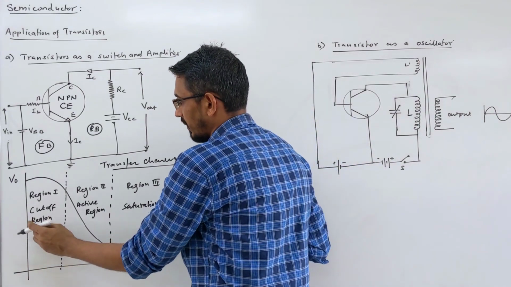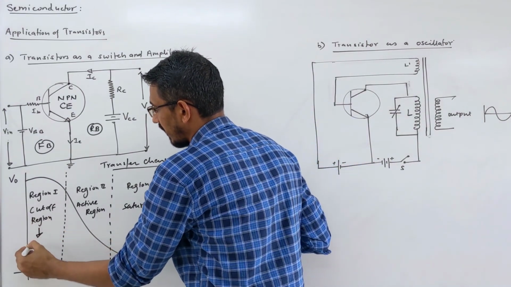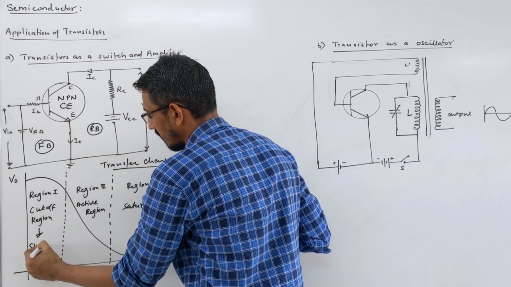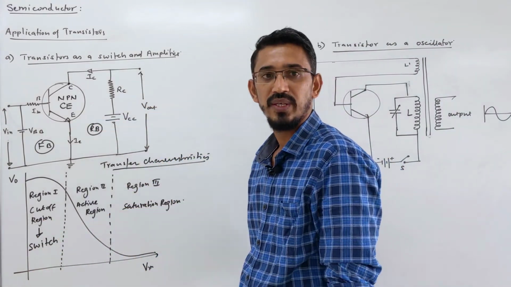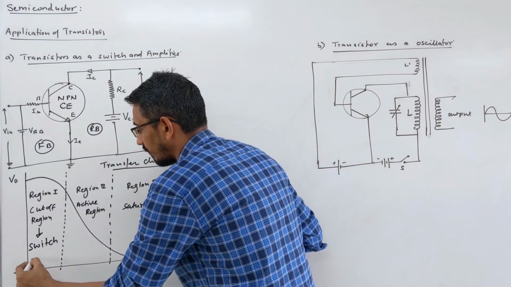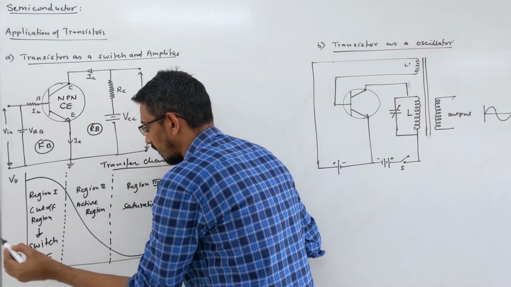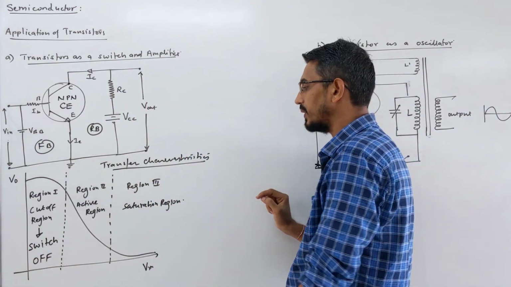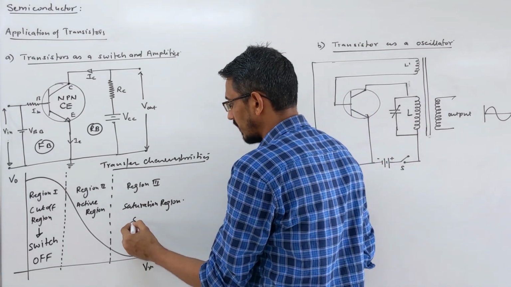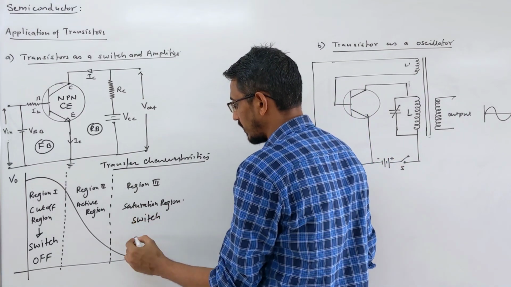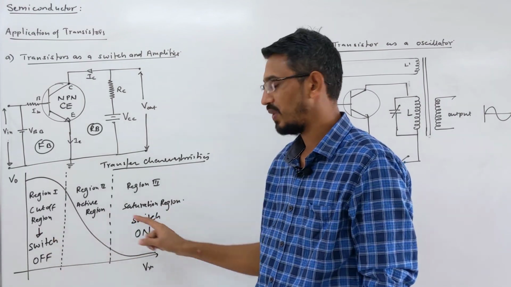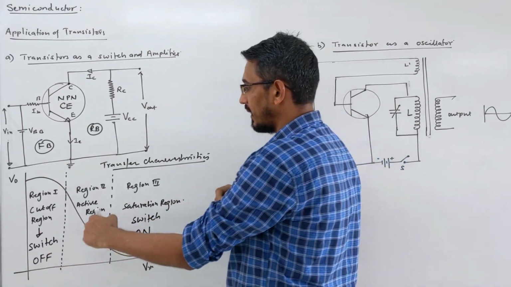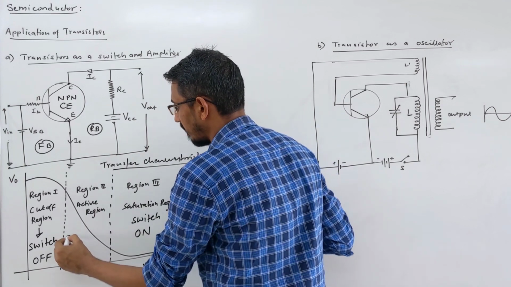In the cutoff region your transistor works as a switch, and the switch is off. In the saturation region it works again as a switch, and the switch is on. And in the middle region, it works as an amplifier.